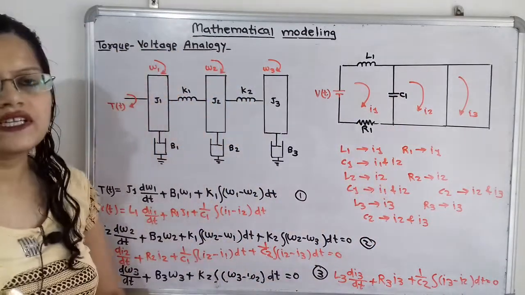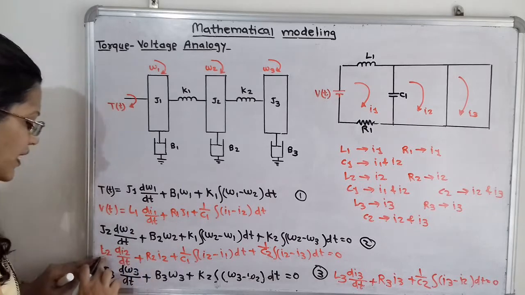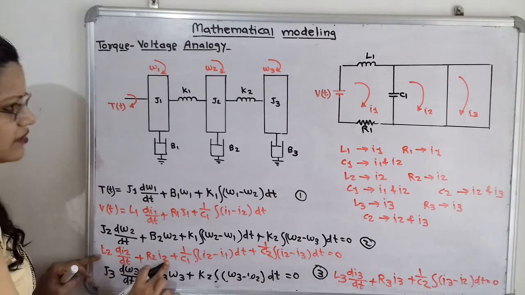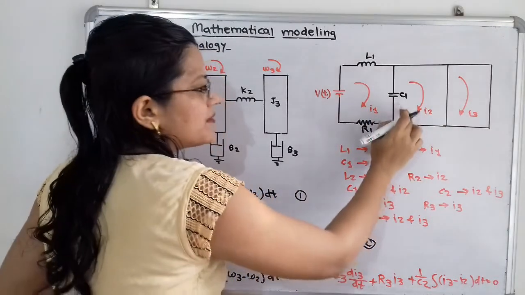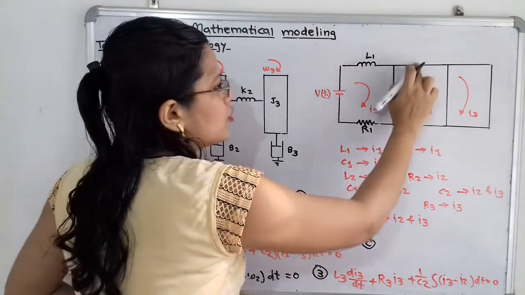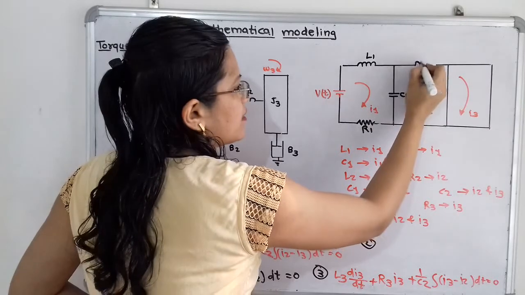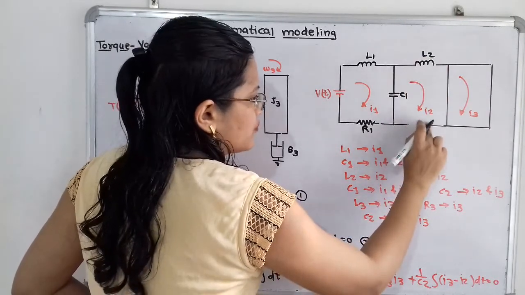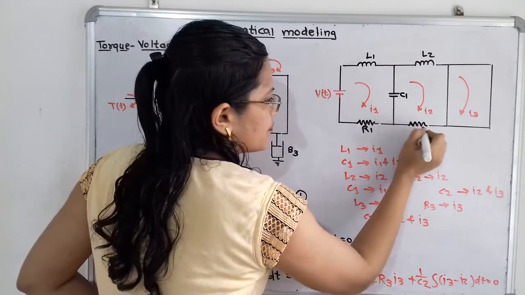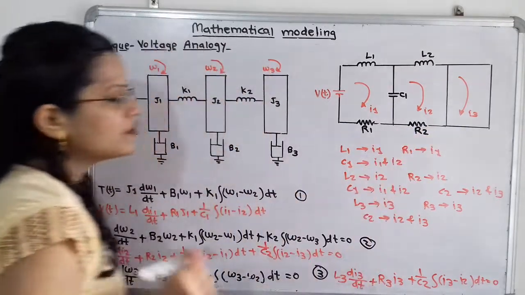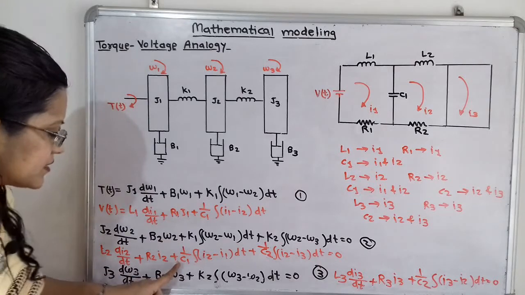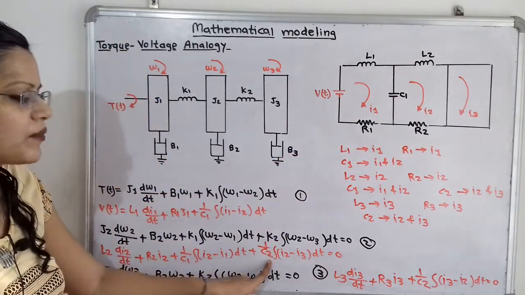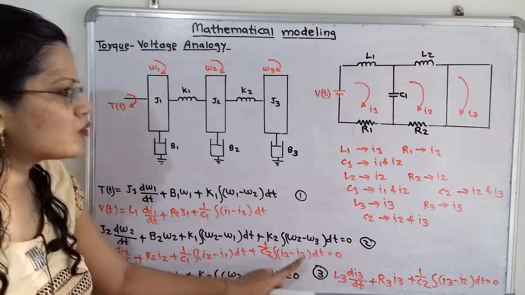Now we will move to the next differential equation. L2 has current I2, R2 also has current I2. So this is the second loop having current I2. I have to show inductor L2 and resistor R2. Now C1 has I1 and I2, so we have already shown it. And what about C2? It has I2 and I3.